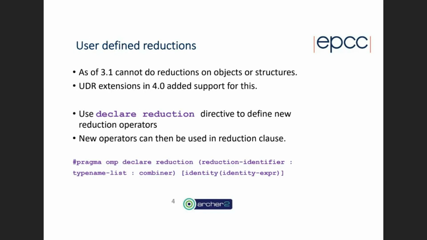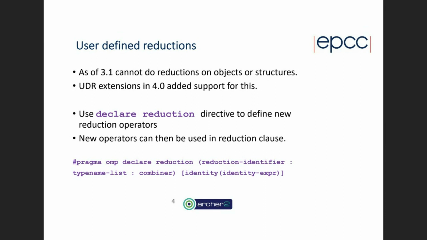Okay, so user-defined reductions. Up to version 3.1, you can't do reductions on things like objects or structures. The reduction clause only applies to variables of basic type, including arrays, but just arrays of basic types as well.